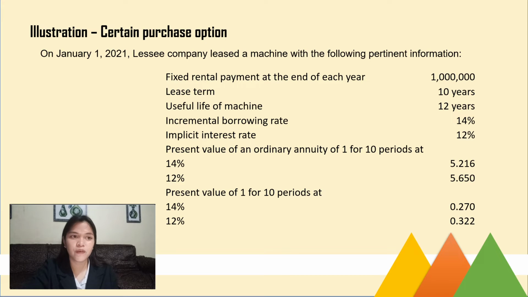Present value of an ordinary annuity of 1 for 10 periods at 14%, which is 5.216, and 12%, which is 5.650. Then, present value of 1 for 10 periods at 14%, which is 0.270. Then, 12%, which is 0.322.